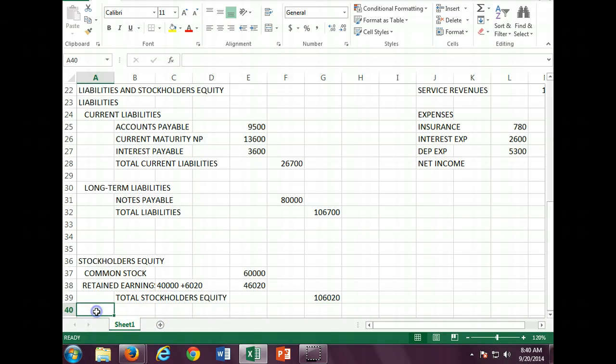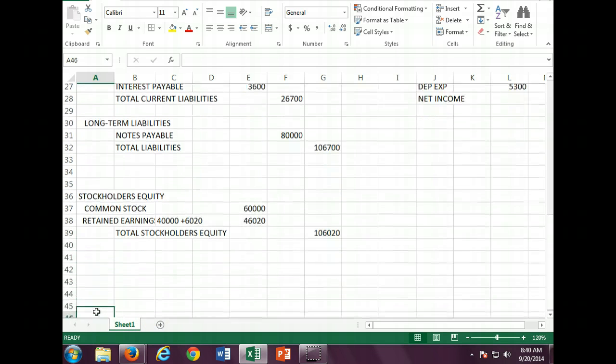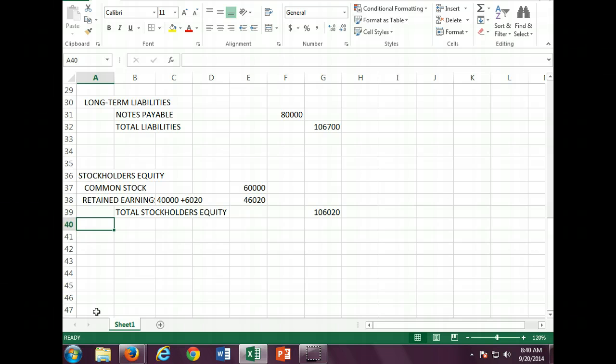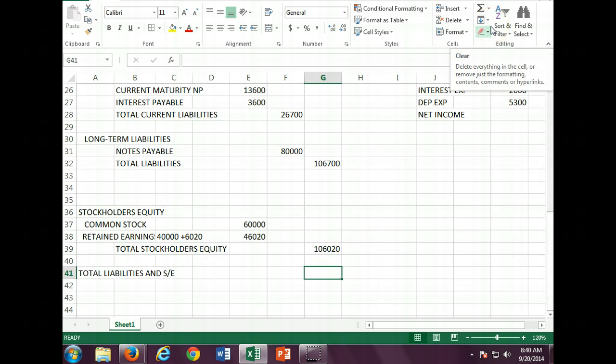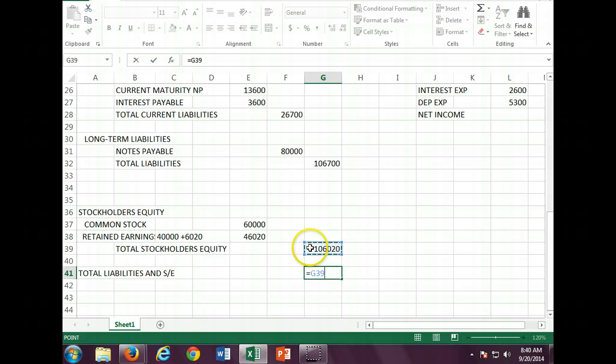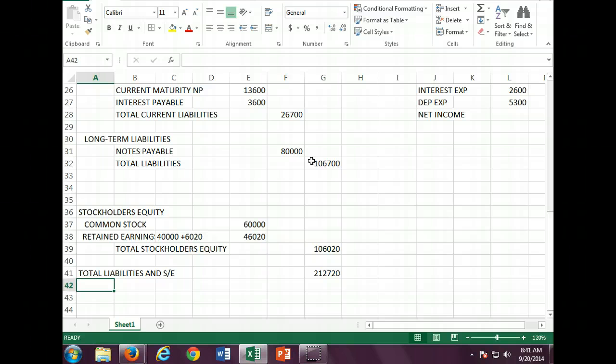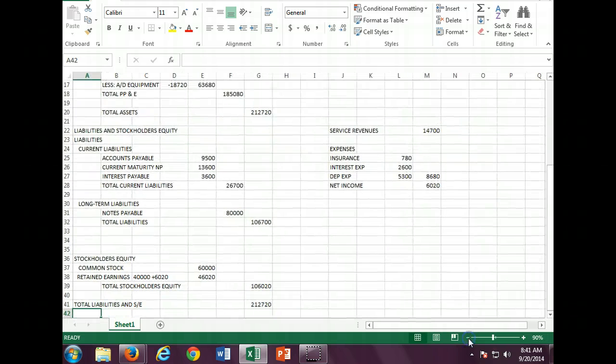So what are our total liabilities plus stockholders' equity? 212,720. Are we matching? It's the retained earnings I screwed up on. Me too. And that's where it was.